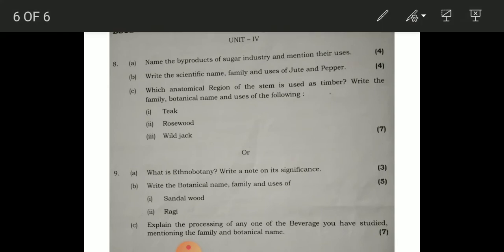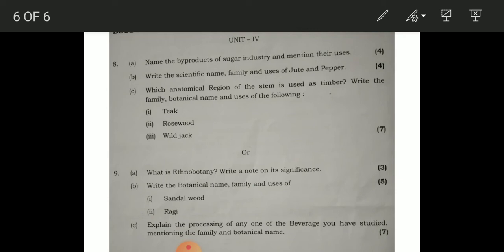On this basis, first you should know how to answer. That is a very important thing. You have to give the proper answer for the proper question, because for 1 or 2 marks you have to write in only 1 to 2 sentences. No need to write long answers. For the long answer questions you have to be specific. If they ask for the botanical name, family and uses, only mention that. Don't go into other things.